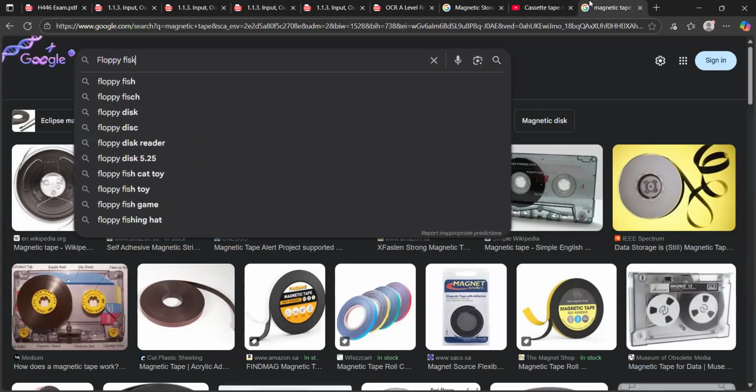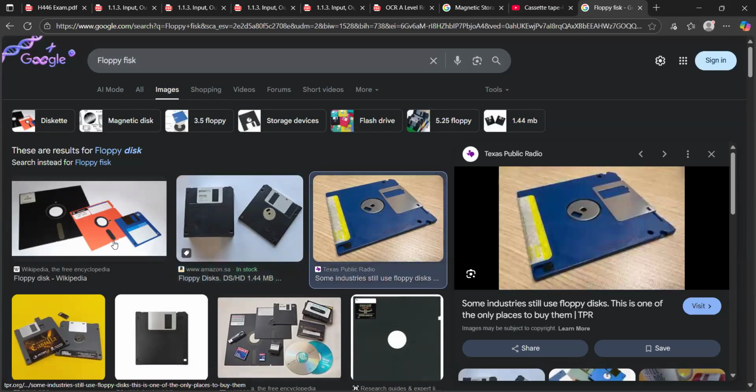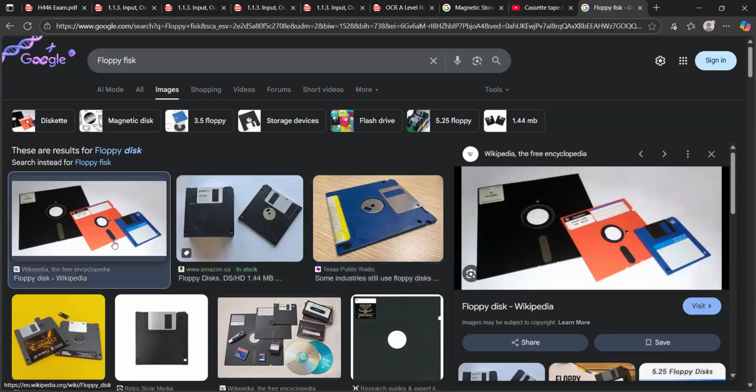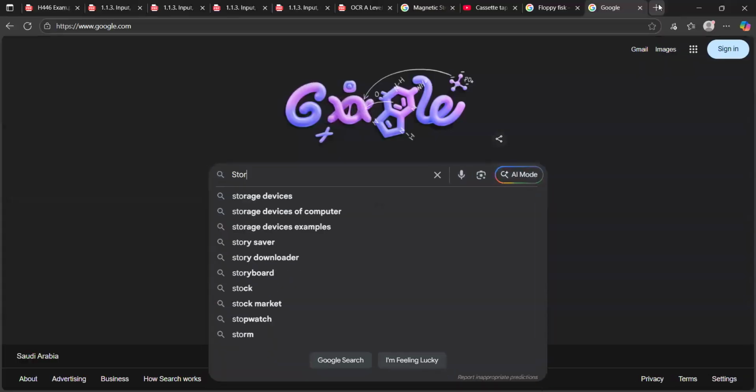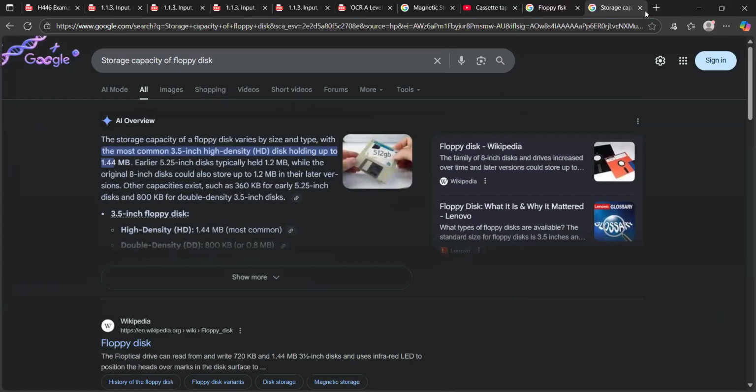Have you seen a floppy disk in real life? I think I did. And do you know what is the storage capacity of a floppy disk? You wouldn't believe. It's 1.44 MB, approximately.